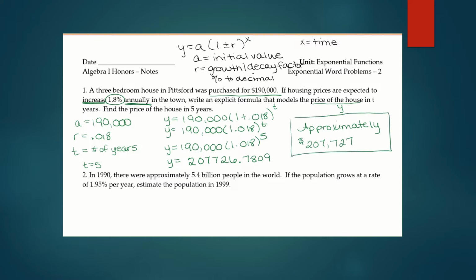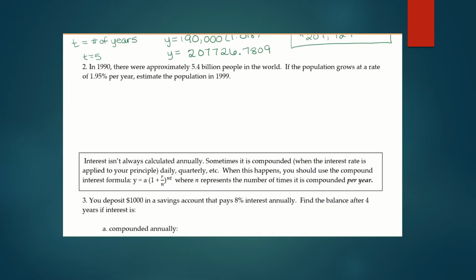All right, so that's approximately how much the house will be worth in 5 years if it continues to increase in value. Number 2, in 1990, there were approximately 5.4 million people in the world. If the population grows at a rate of 1.95% per year, estimate the population in 1999.